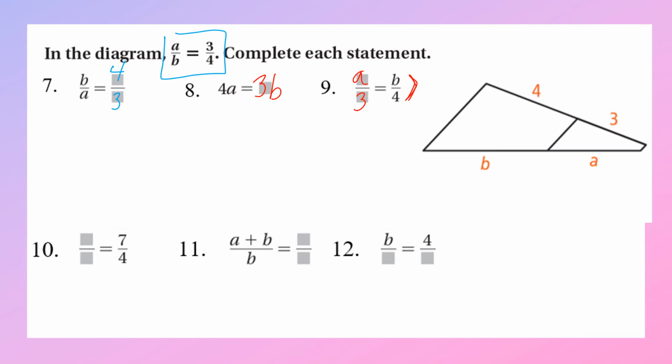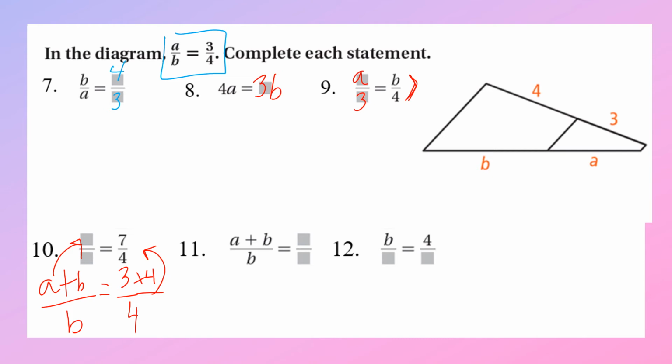For number 10, this one's a little tricky. If you think about this, my original fraction was 3 over 4. How can I get from 3 to 7? I added the denominator on for this one. So if I'm doing it to the one side, I'm going to have to do it to the other. So A plus B over B would be the answer that goes here.